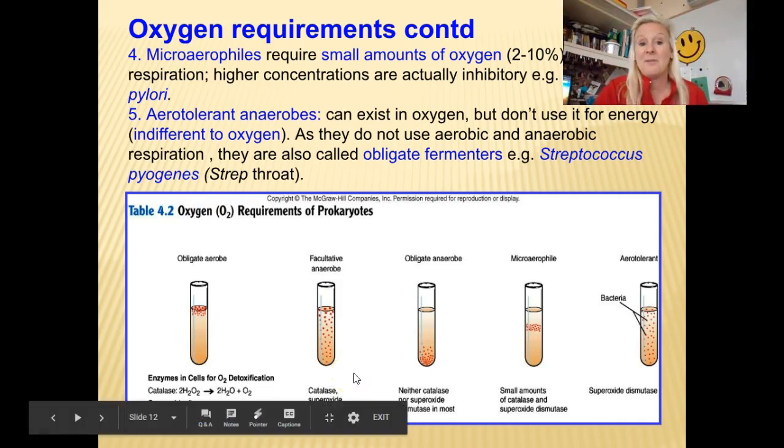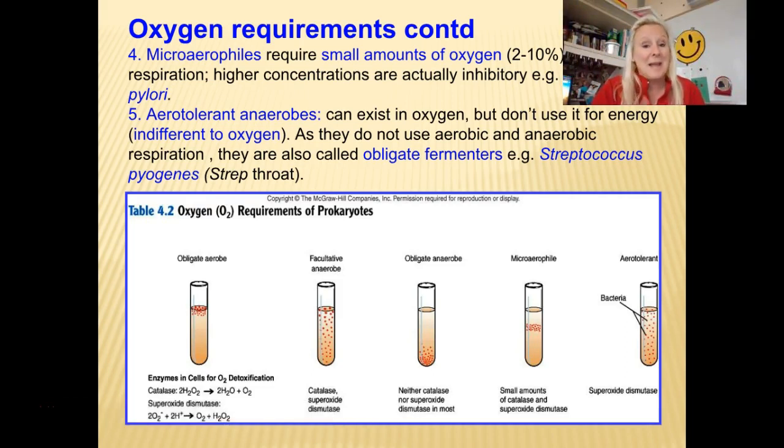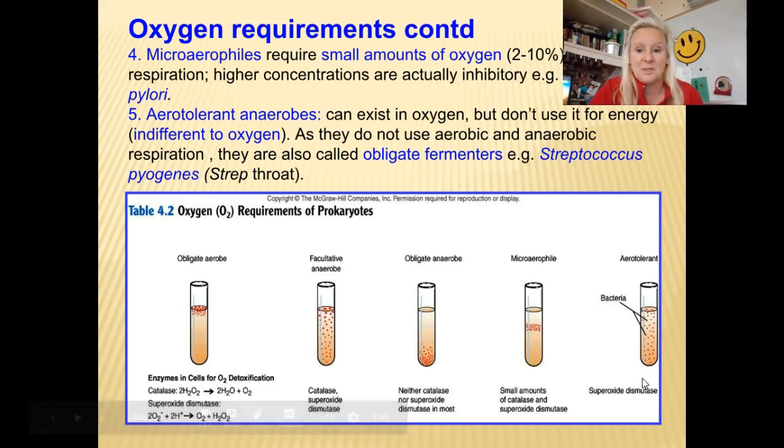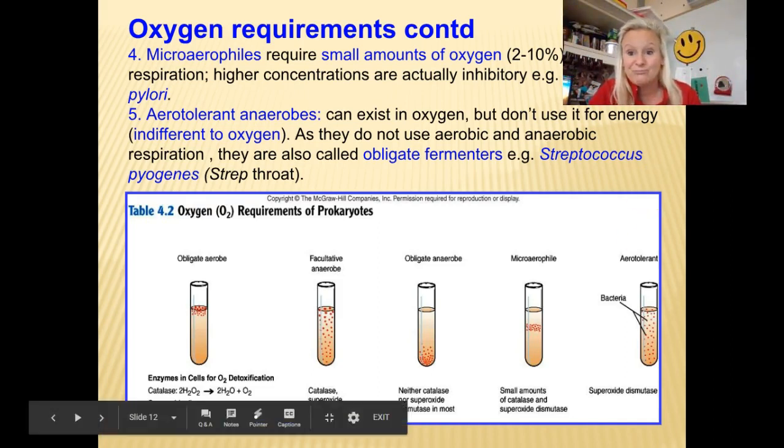So remember, the facultative anaerobe grows better in the presence of oxygen, but can still survive without it. Whereas the aerotolerant doesn't matter. They are entirely indifferent to the presence of oxygen, so they don't grow better at the top. They don't grow better in the bottom. They grow anywhere in the solution.